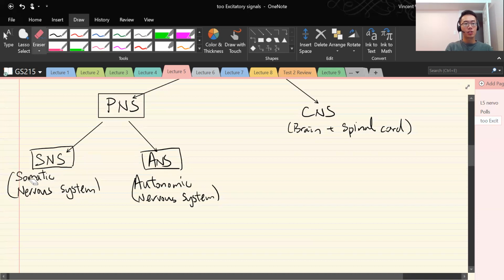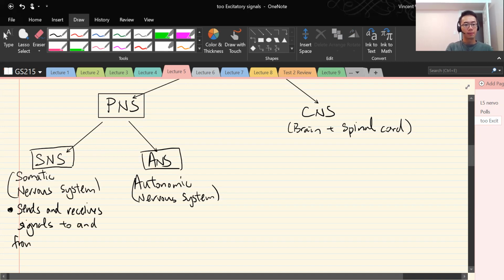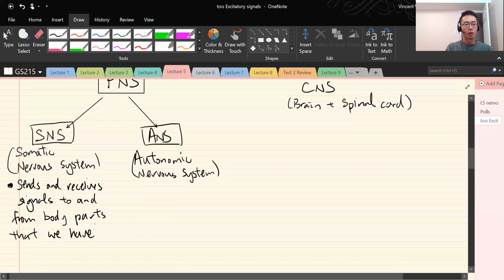So basically, the somatic means bodily. So the somatic nervous system, SNS, basically has to do with all the parts of the body that you have voluntary control over. So it sends and receives signals to and from body parts that we have voluntary control over.